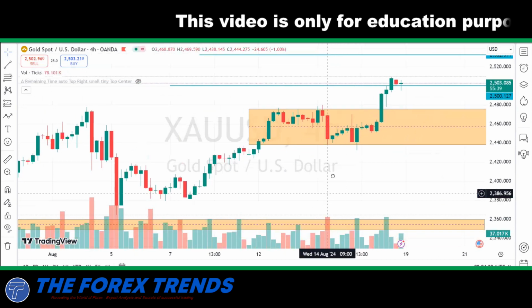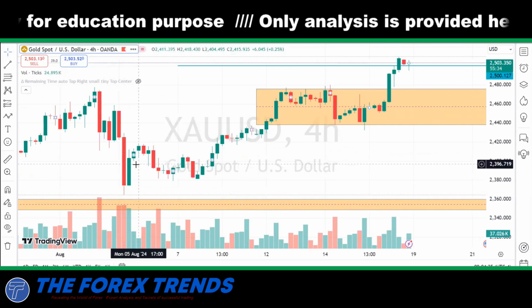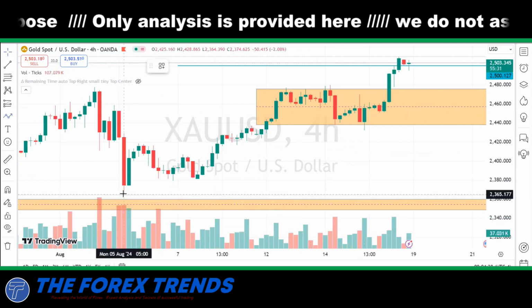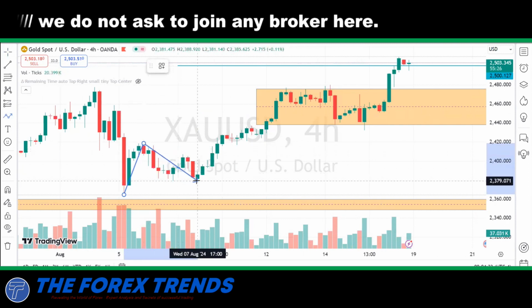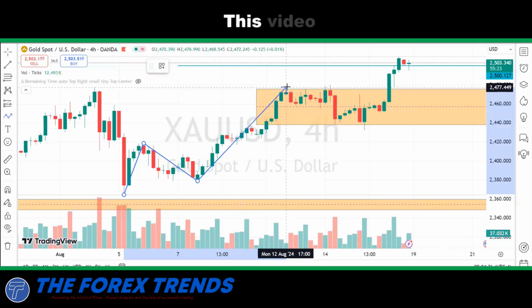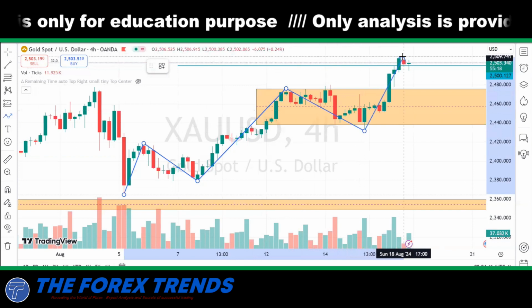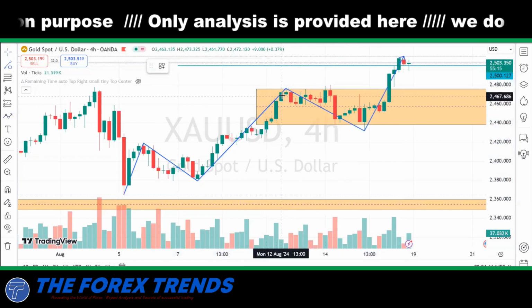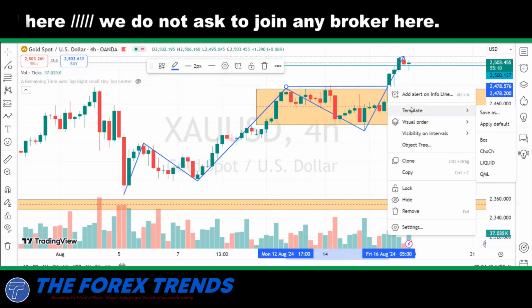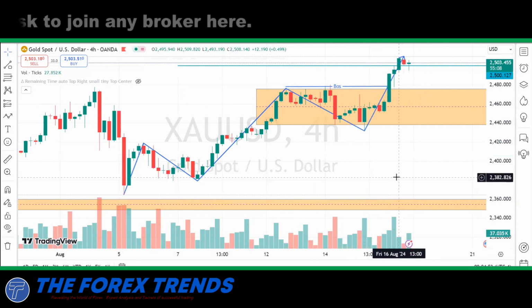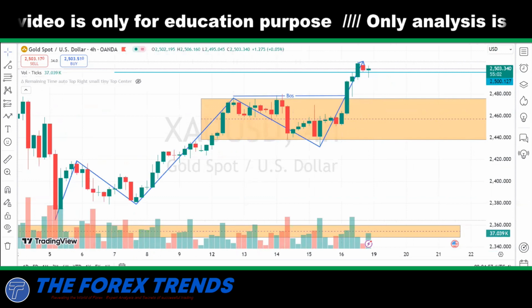If I mark the structure in the 4-hour time frame, at first low, higher high, higher low, higher high, higher low, then the last higher high, and it is a bullish break of structure.